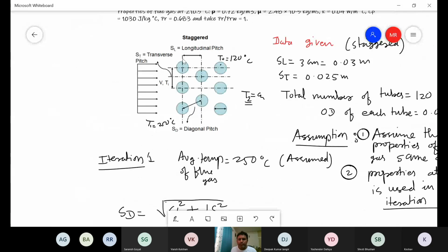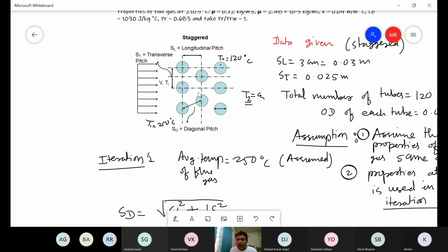We already know the velocity, 5 meter per second, is given. The cross sectional area multiplied by the velocity gives the volumetric flow rate, and the volumetric flow rate multiplied by density gives the mass flow rate. Then I can directly apply m Cp dT and find out the heat lost by the flue gas, and equate that to hA delta T LMTD. Why LMTD? Because the temperature difference between the hot fluid and the cold fluid here is going to be 250 minus 120 at this end.